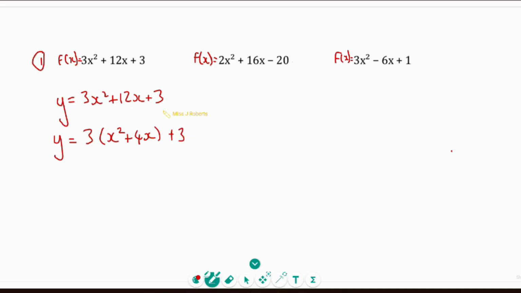You could put it all in a bracket, I guess, but I just prefer to work with the first two terms. You'll see why in a minute. So now we have a coefficient of x squared which is 1, so we can now complete the square. Half this term 4. 2 times 2 is 4, so we need to take 4 off.